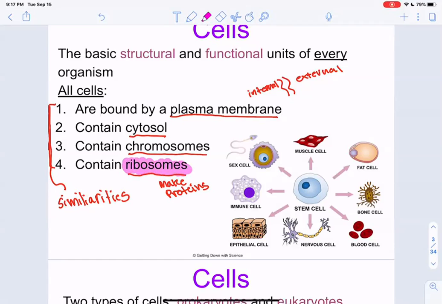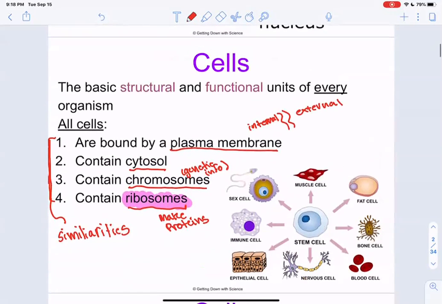Ribosomes are in charge of making proteins. And I'm just going to write genetic info here with chromosomes. This is genetic information. So the four similarities between prokaryotes and eukaryotes are that they have a plasma membrane, they have a cytosol, they have chromosomes, and they have ribosomes.